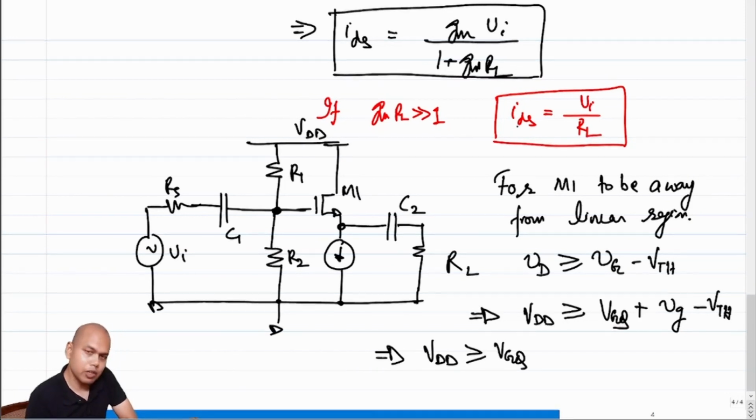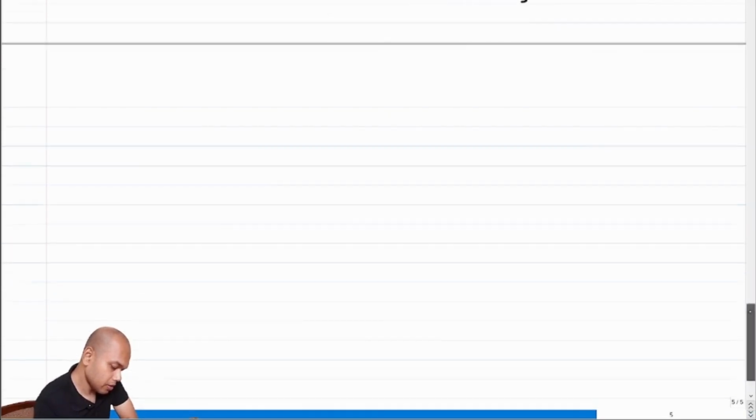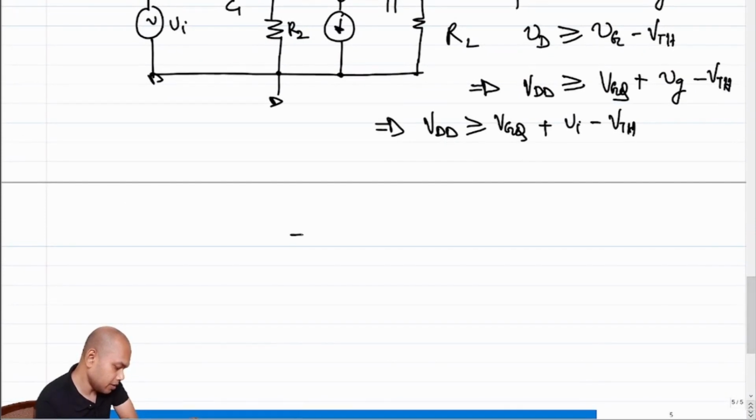What is the incremental voltage at VG? We saw that the incremental voltage at VG, under the condition that R1 parallel R2 is much greater than RS, is equal to Vi, which essentially means that the condition that we end up with is Vi should be less than or equal to VDD minus VGQ plus threshold voltage.